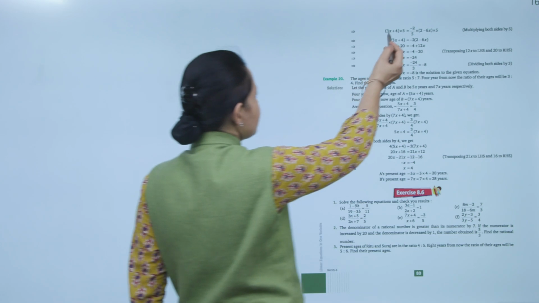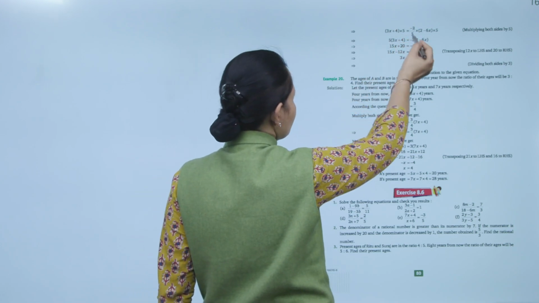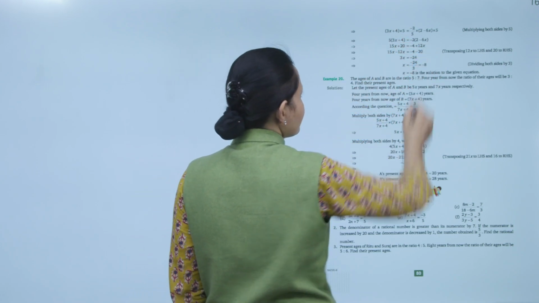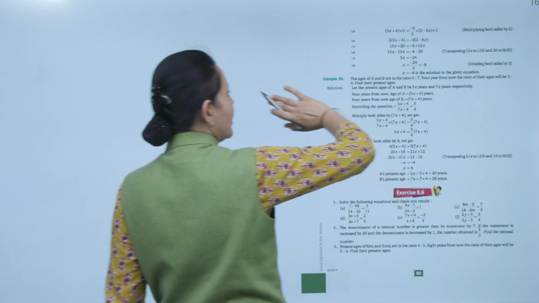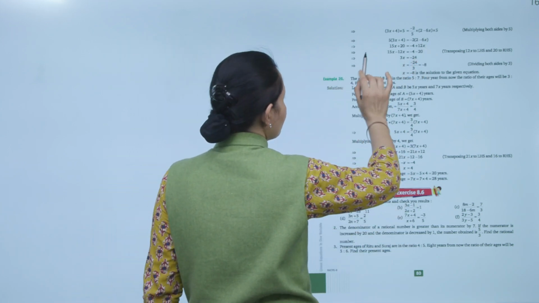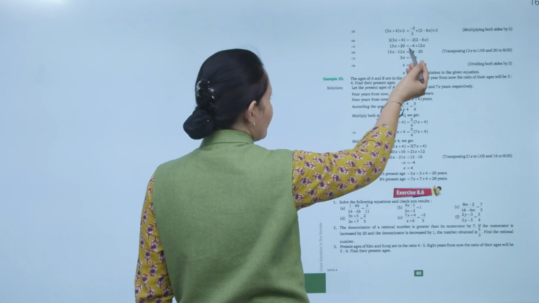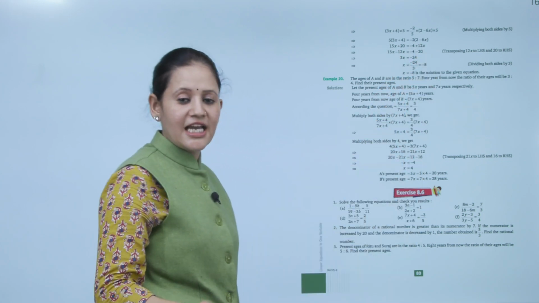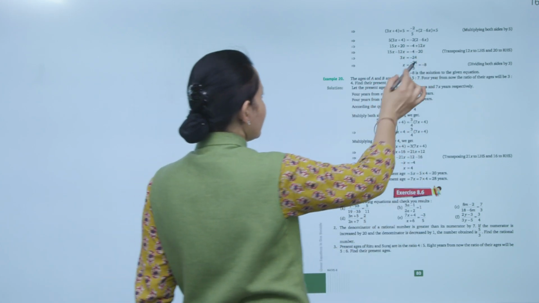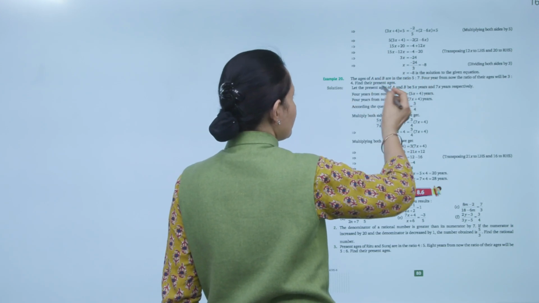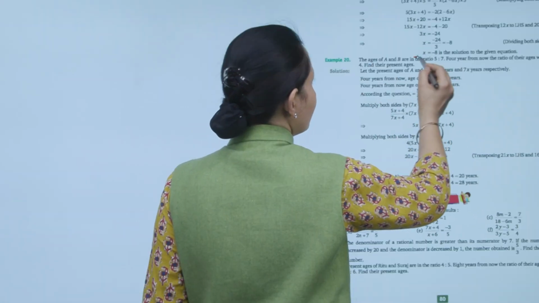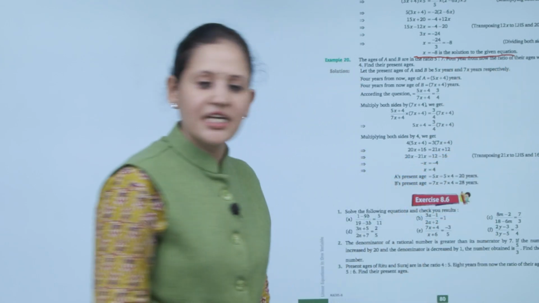Here we will multiply both sides by 5 because 5 हमें हटाना है, eliminate करना है. So that is equal to 5 into (3x plus 4) equals minus 2 into (2 minus 6x). Solve करेंगे, so we'll get 3x equals minus 24, x equals minus 24 upon 3, that is minus 8. So that is the solution of the given equation.